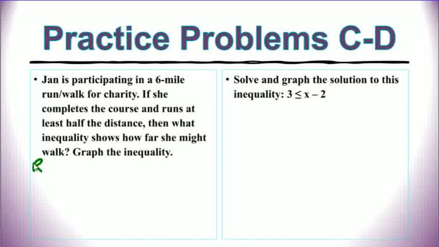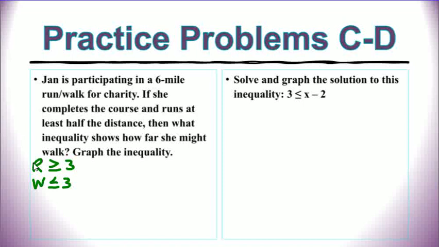If she runs at least half, that means it has to be greater than or equal to 3. It cannot be less than 3 because she runs at least 3. But the question is saying how far might she walk? So if she runs at least 3, that means she walks less than or equal to 3.